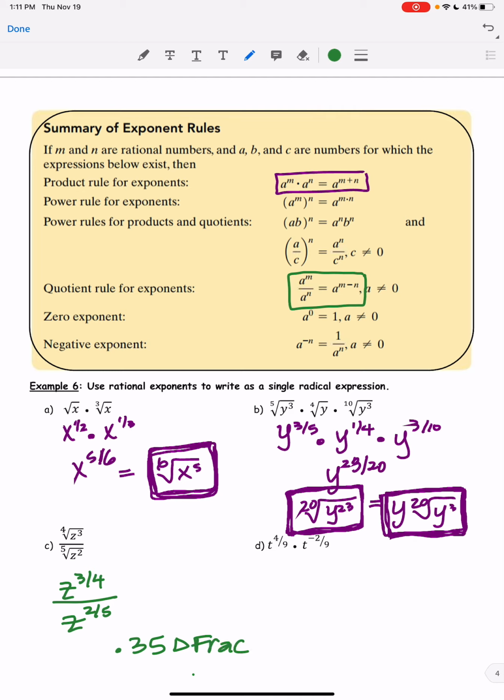So fraction that, math, fraction, and that gives me 7/20. So we got z to the 7/20. And then we need to write that as a single radical expression. And so that will become the 20th root of z to the 7th. And because this number is bigger than this number here, we can't simplify that anymore.